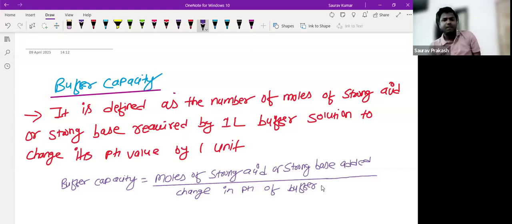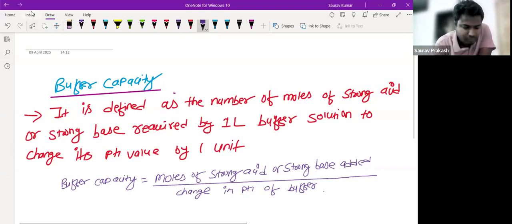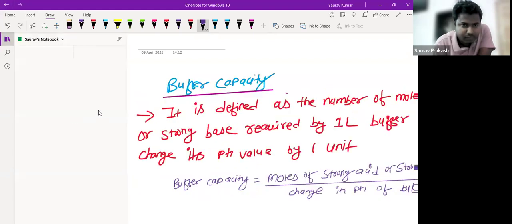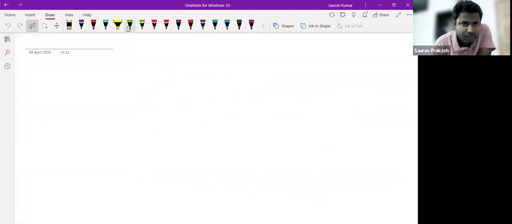This is our buffer capacity formula. We'll write one question related to buffer capacity.